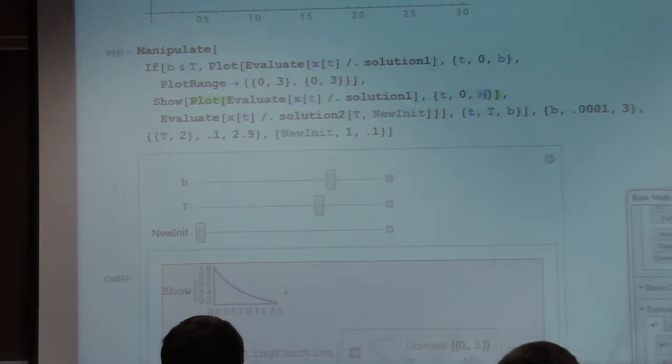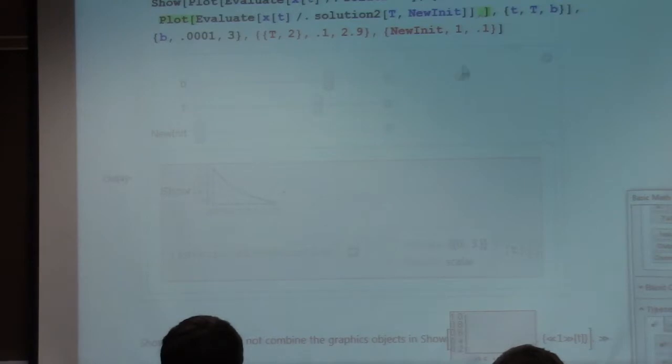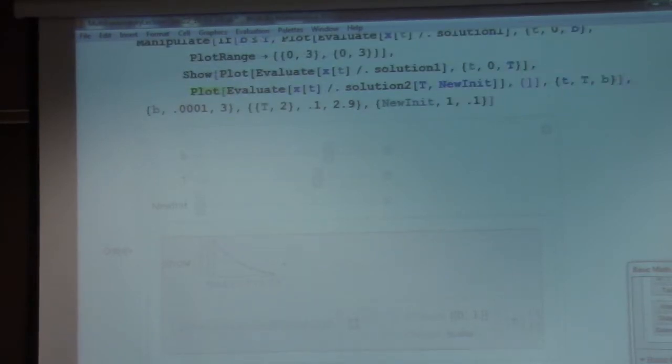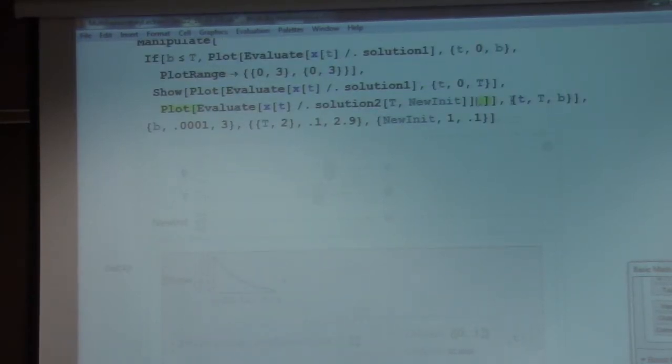Let's see. This is grabbing up to time capital T. You need another plot. That's it. Plot. I forgot my plot. I hope that's it. Okay, I gotta put the T goes from capital T to B inside there.